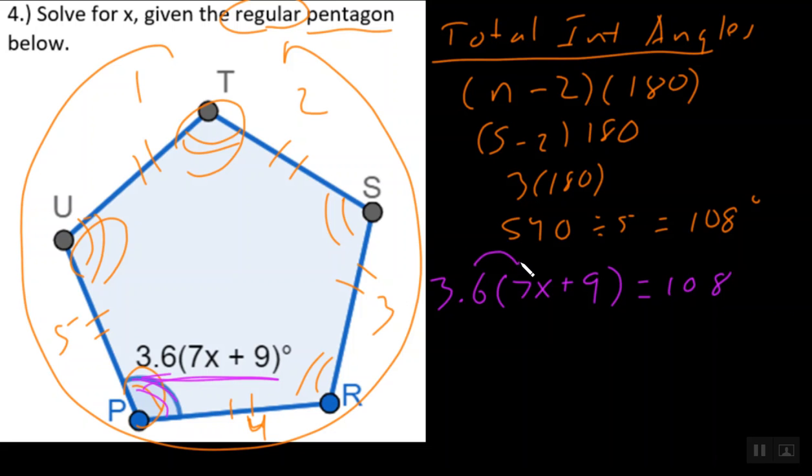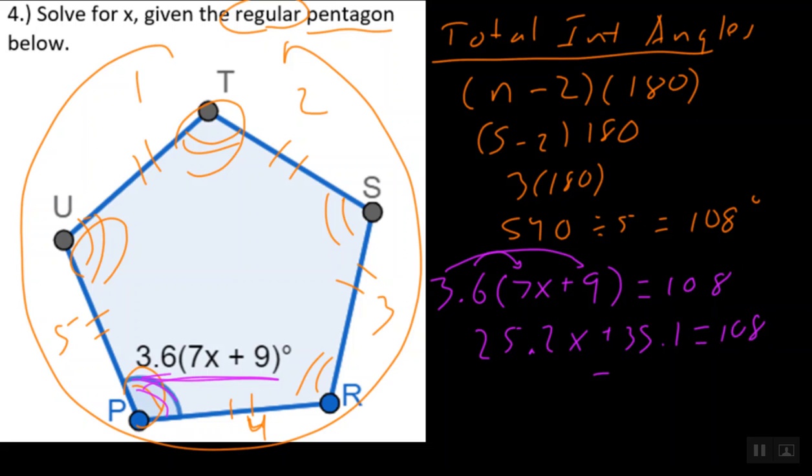Okay, so what is 3.6 times 7? Well, let's see, 3.6 times 7 will be 25.2x, and 3.6 times 9 will give us 35.1, and that's equal to 108.